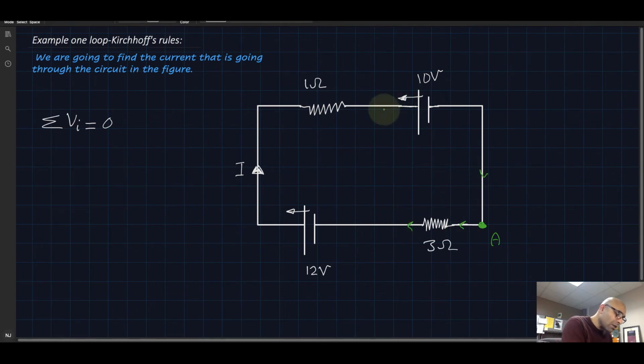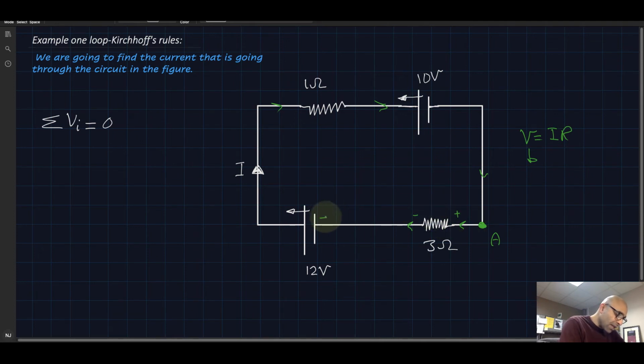All right, so no change about that at all. And this current is valued as I. Remember that Ohm's law says V equals IR, so any voltage drop across a resistor must equal I times R. Since the current is going this way, this must be positive, negative.